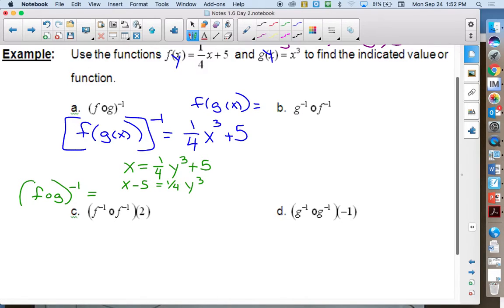Multiply by 4. And finally take the cube root. So we'd have the cube root of 4x minus 20. We did the composite, took the answer of the composite, and then took the inverse.